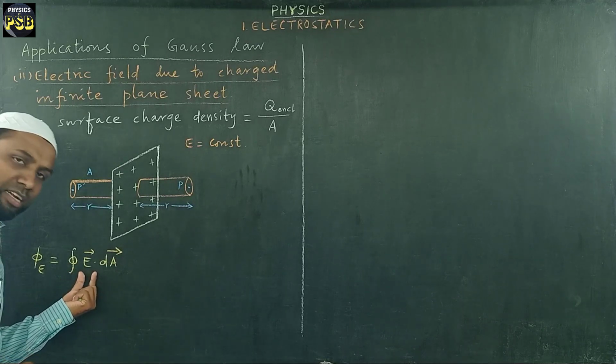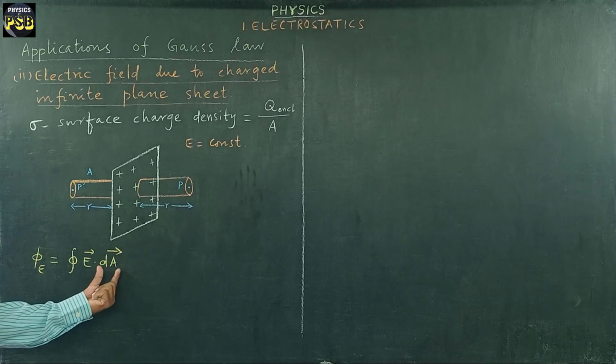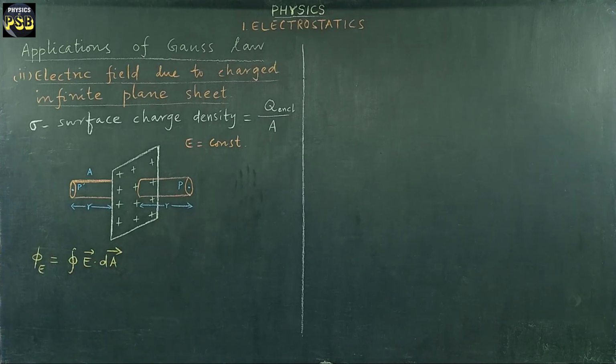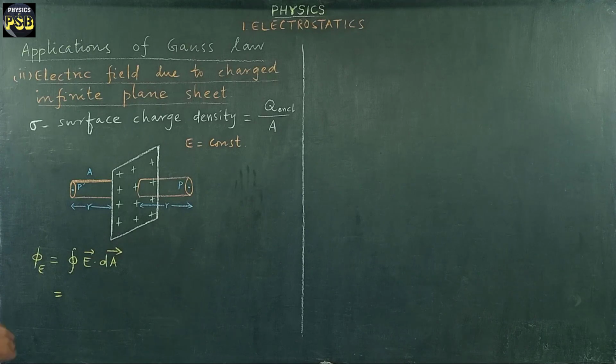Here E vector is electric field and dA vector is the area element in the direction of the area. Okay. Now, this part can be expanded in this manner. Phi E is kept as such.